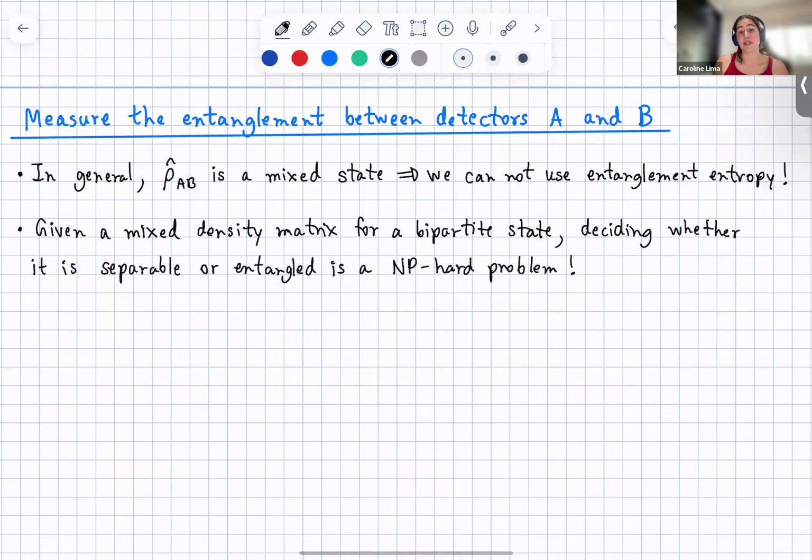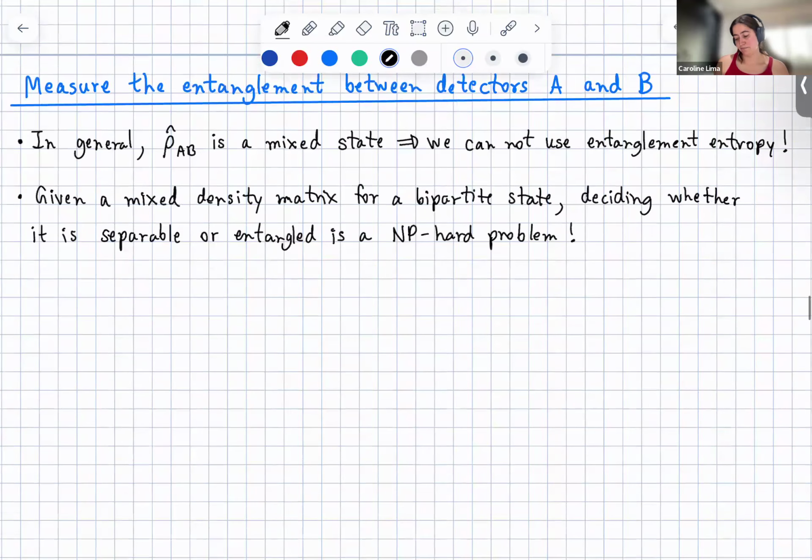So in general, this would be really, really hard. Okay? There's no good solution to tell whether some state is entangled or separable.